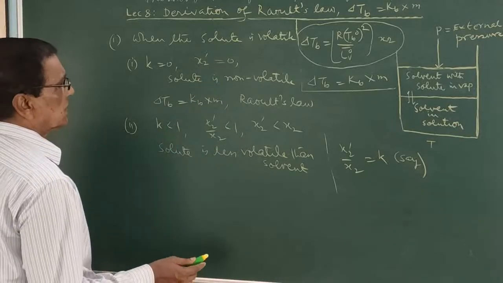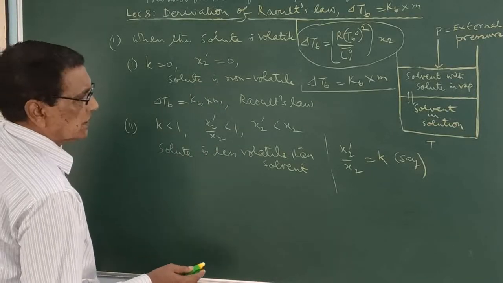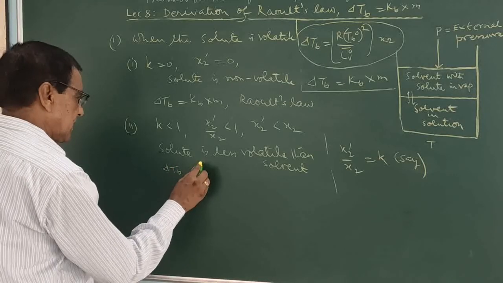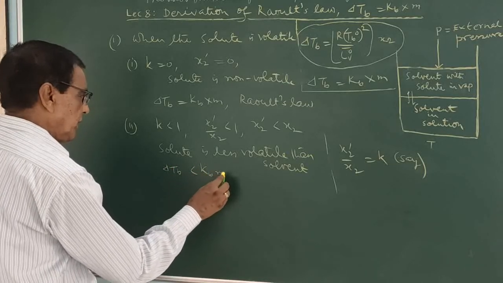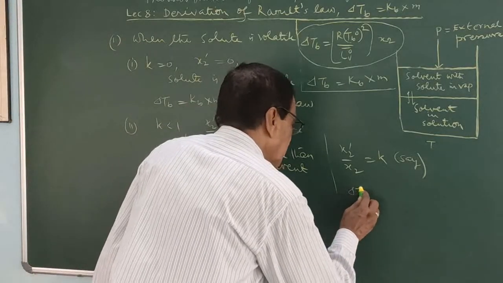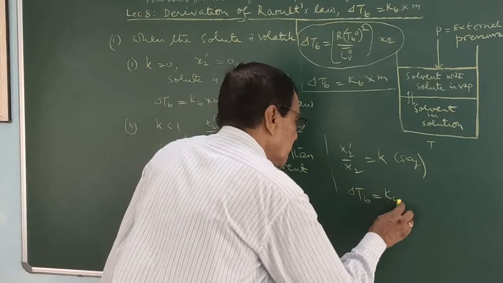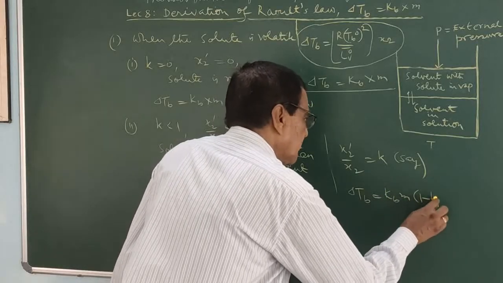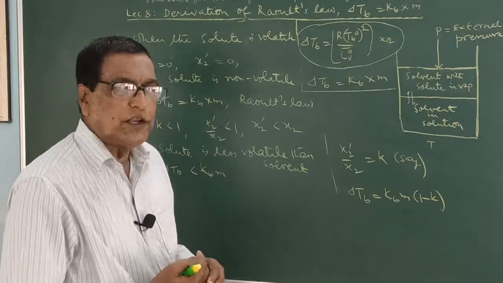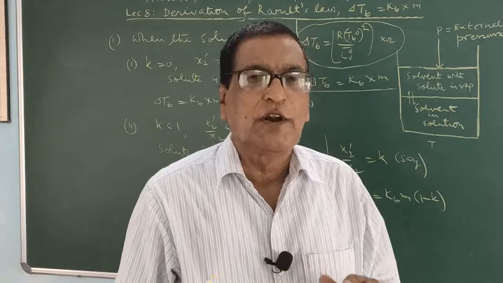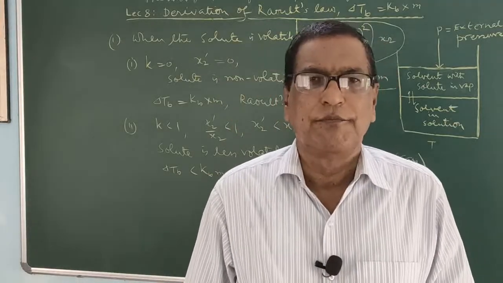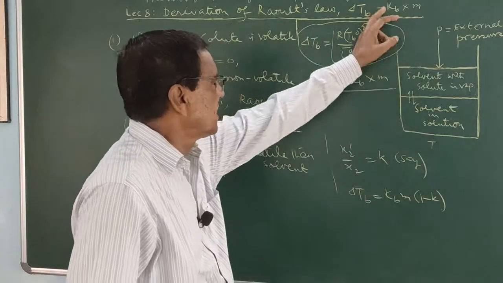In this case, we can write delta TV is less than KB into m, as the relation is delta TV equal to KB m into (1 minus k). So in this case, there will be elevation of boiling point, but this elevation of boiling point will be less than it would be expected from Raoult's law.